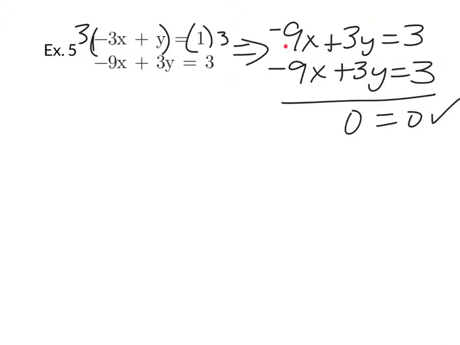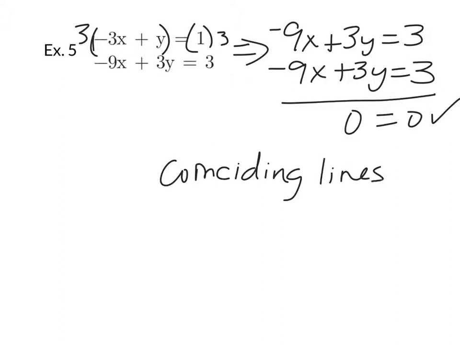So if the variables drop out and you end up with a true statement, you actually have what we call, I'm going to write it down for you, the fancy math word is coinciding lines. Yeah, I spelled that right, coinciding lines. So coinciding lines just mean you have one line that lies right on top of another line. So what that means is the coordinates of any point of one line will satisfy either equation or both equations.